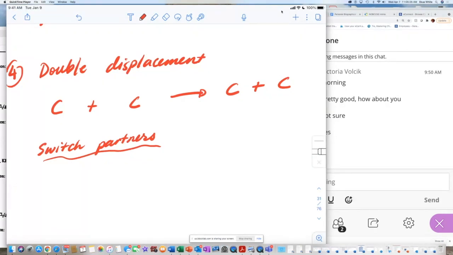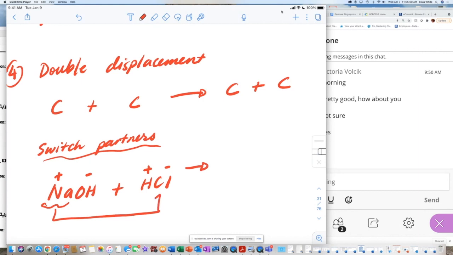Okay. Let me give you an example of this. Compound, sodium hydroxide. Another compound, HCl. Okay, so I know these are compounds because there are many different elements, right? Let's see how they switch partners. Sodium is positive, the hydroxide is negative, hydrogen is positive, chlorine is negative.